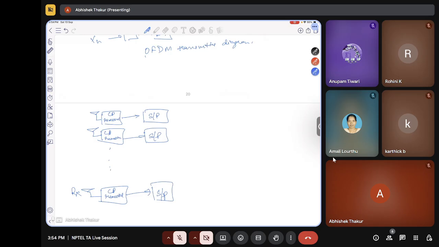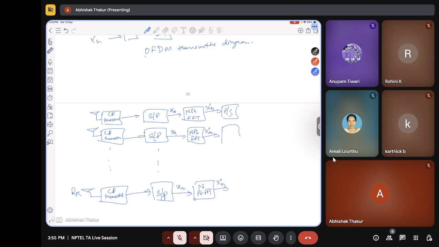Okay. Now we will do n point FFT. Initially it was x0, x1. So this will become the frequency term xn.